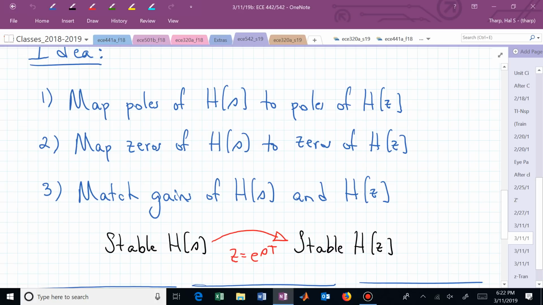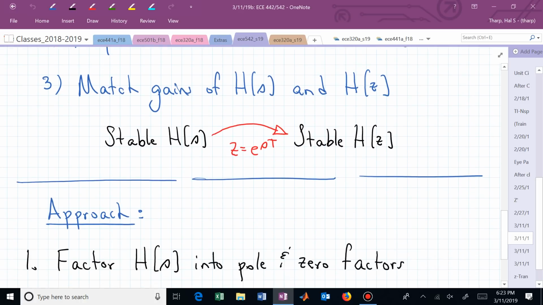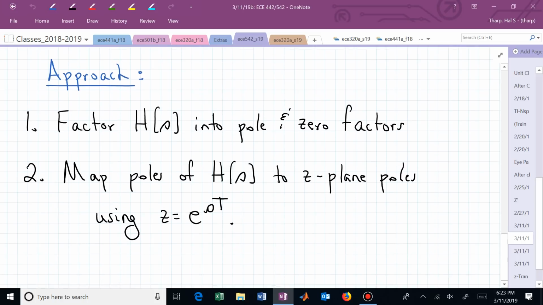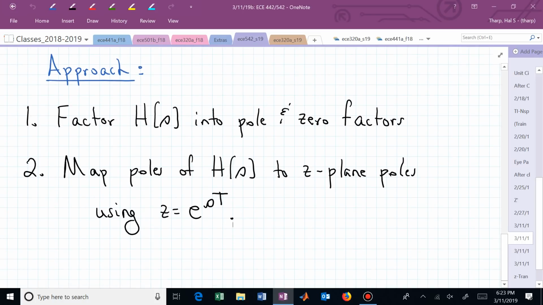Then we determine how many of those we want to map to factors z plus 1. We might take all of those zeros at infinity to factors at z plus 1. MATLAB actually takes 1 fewer than the total that we're doing. And you could too, and there's reasons for doing that. And that's what I want you to understand after this discussion. Here's the approach.